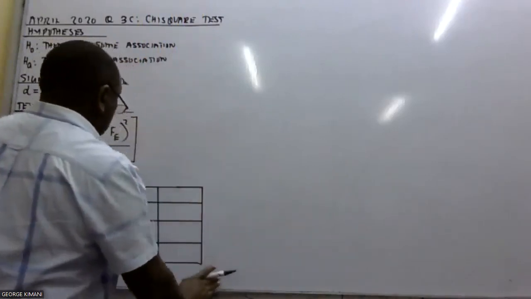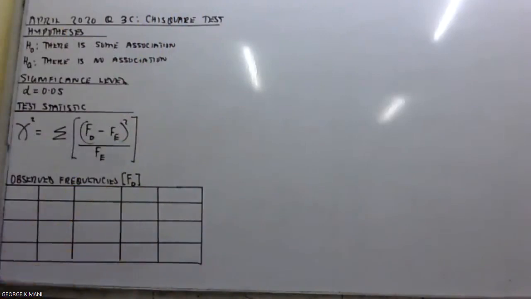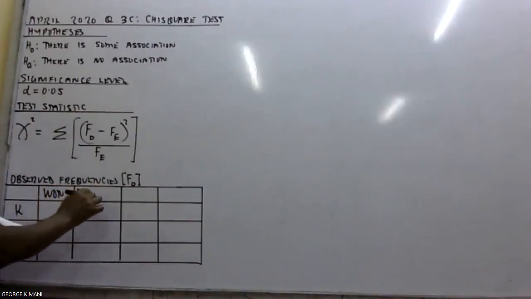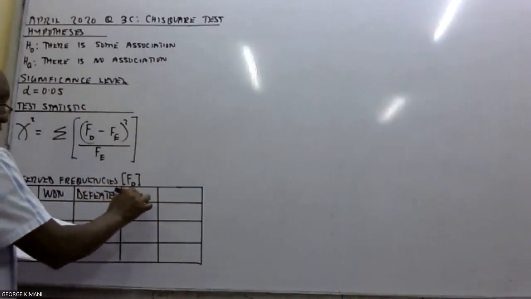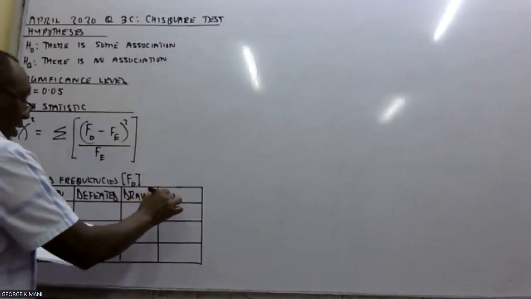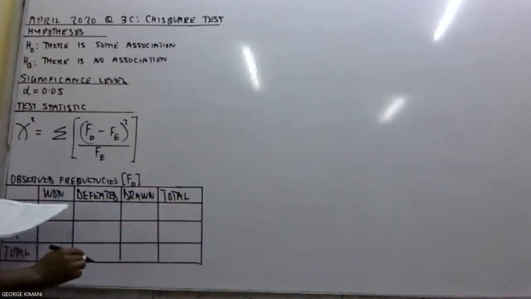So this F naught, K here, we have P and we have total. We have those who won, those who are defeated, those who drew, and we have total.